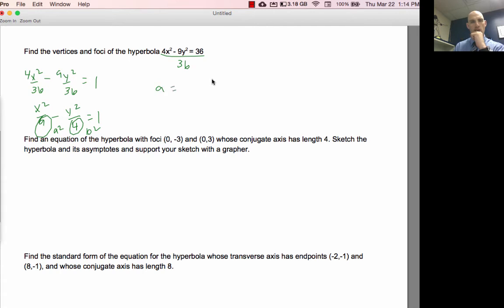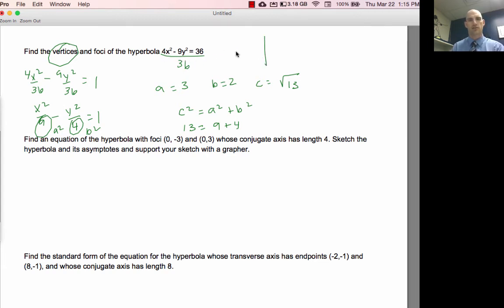So a equals, b equals, c equals. A is now 3. B is 2, which means if my Pythagorean relationship is used, c squared is 13, so C is equal to the square root of 13. Therefore, my vertices, what does this one look like?